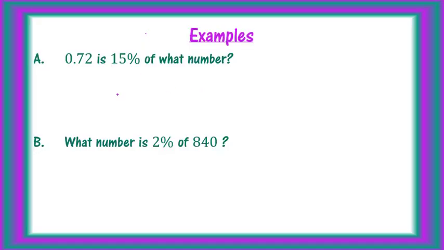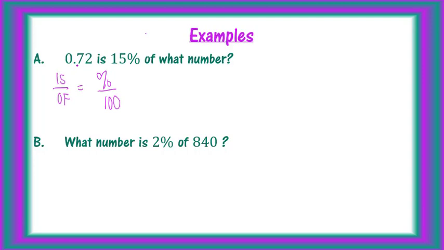First question, 0.72 is 15% of what number? Now that formula again is is divided by of equals percent divided by 100. So when we're faced with a question like this, we want to identify all of the numbers that correspond with each of the different positions in the fractions on either side of the proportion and go ahead and fill those values in.